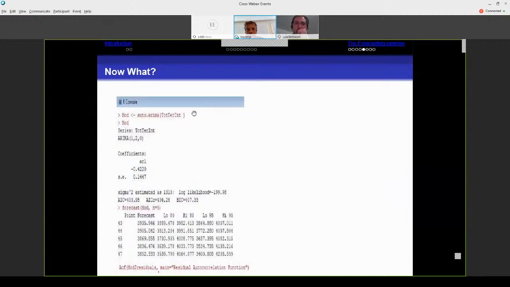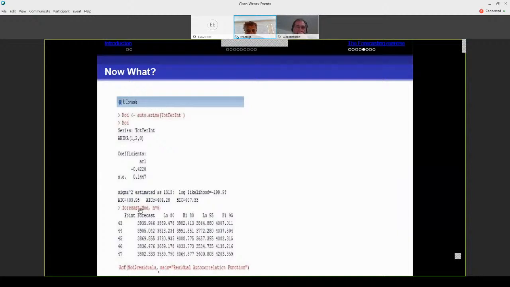Let's do it. So auto.arima is basically the fit. So the model is of the type 1, 2, 0, and those are the forecast. So we don't need to do anything here.